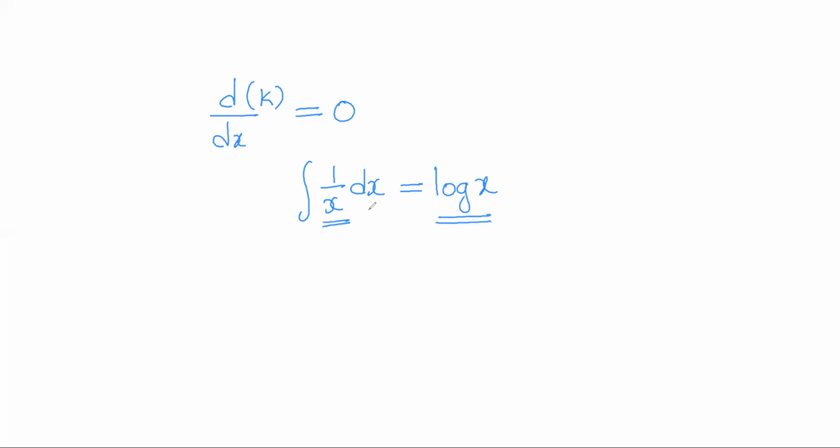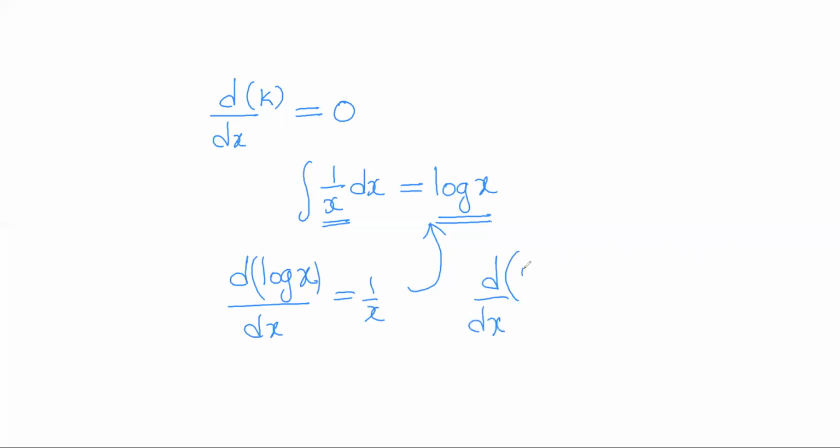When I differentiate log x, I'll get 1 by x, so I'll write the integration of 1 by x is log x. But note that when I differentiate log x with respect to x, obviously I'll get 1 by x. So this result holds.